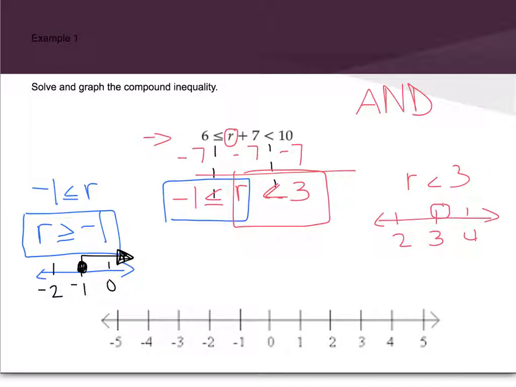This one will have an open circle, and I will shade to the left. So imagine now we're going to do both of these graphs on the same number line. So I put my closed dot on negative 1, and I shade to the right. I put my open dot on 3, and I shade to the left. And there is our intersection.